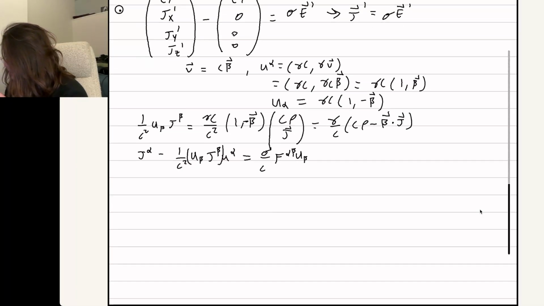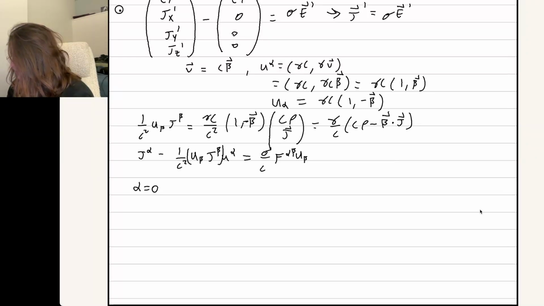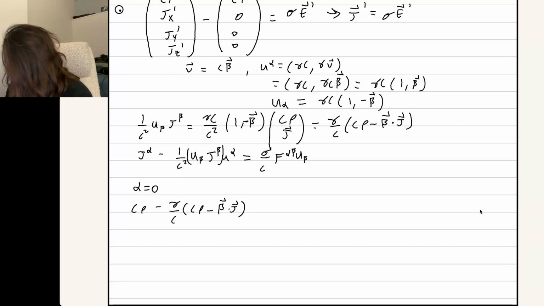I'm just going to look at the alpha equals 0 components, so time components only. The time component of the four-current is going to be c rho. That dot product we just calculated as gamma over c times that junk. So we have gamma over c rho minus beta dot j. And this is multiplied by u alpha, and then the 0 component of u is just gamma c, so we have a gamma c here.